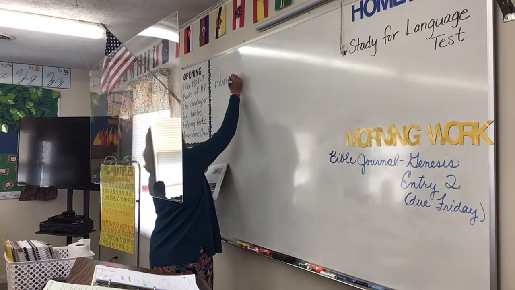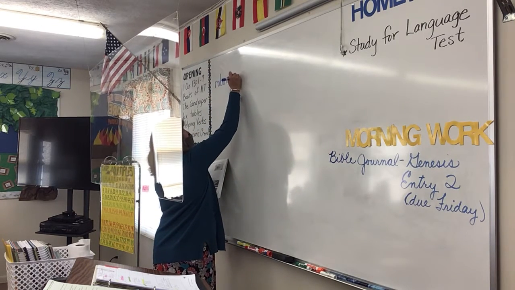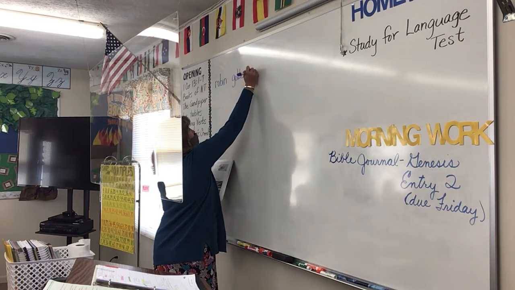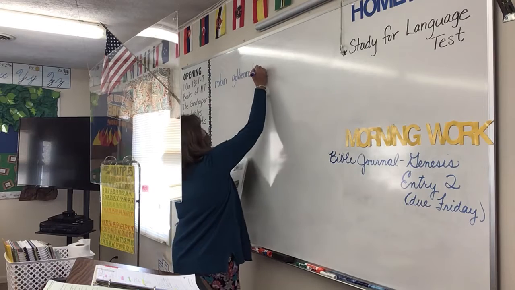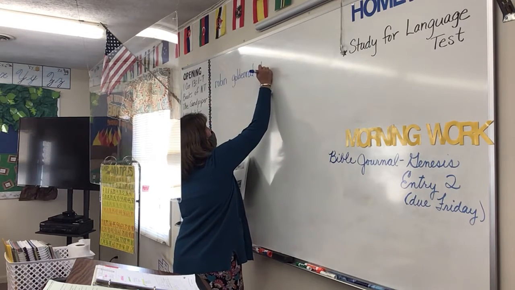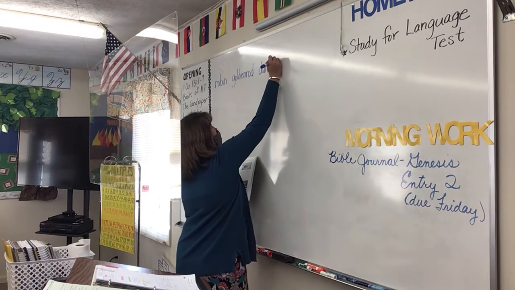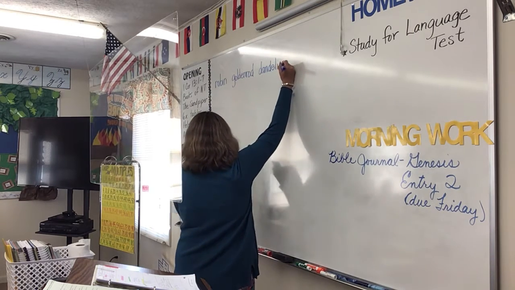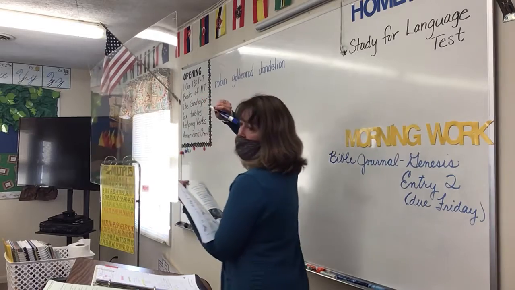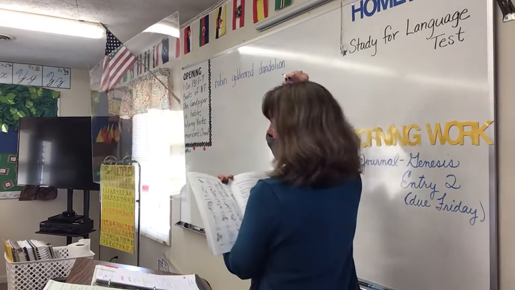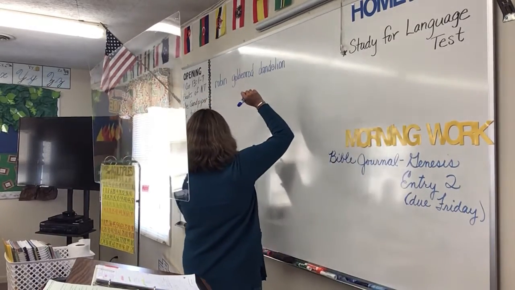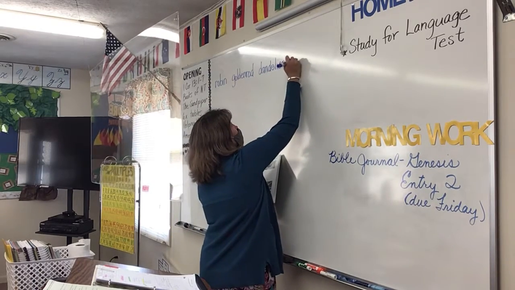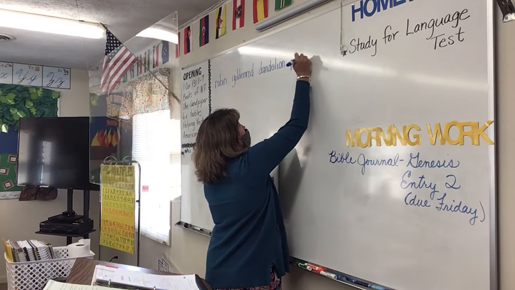Okay, and then we have goldenrod. Then a dandelion. Then this one might be a little tough. Is it the fireweed? No, it almost looks like a crocus, but it's called a pasque flower.